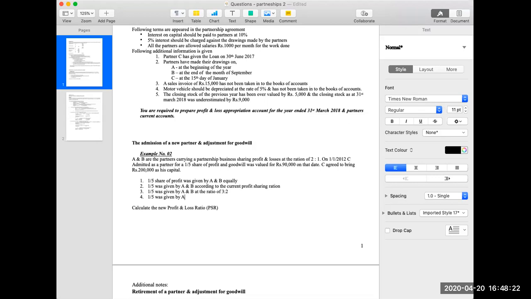Then we will get 3/25. That is the ratio that is coming to A. For B, that will be 1/5 into 2/5.